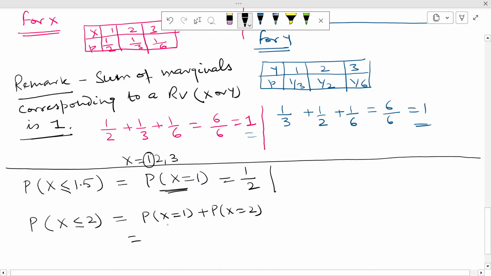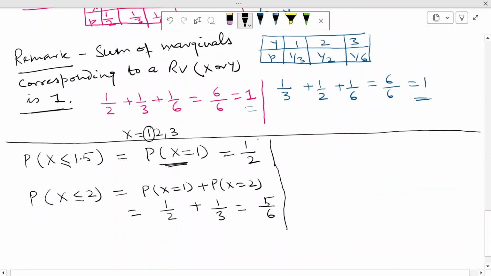Again we are looking for the probability of a single value each time: for x equal to 1 the probability is 1 by 2, and for x equal to 2 the probability is 1 by 3. So this comes out as 5 by 6. This is how we can calculate the probability.